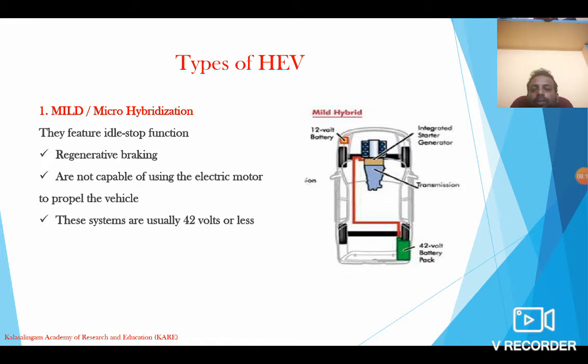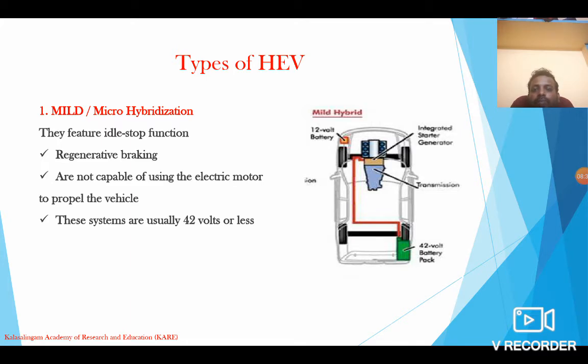The first case is micro hybridization. In micro hybridization we use a small motor which is coupled with the internal combustion engine, and also a small capacity battery, right? When you go for mild hybridization, the vehicle is propelled when it is idling, right?